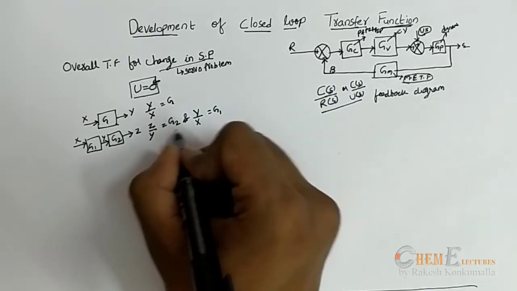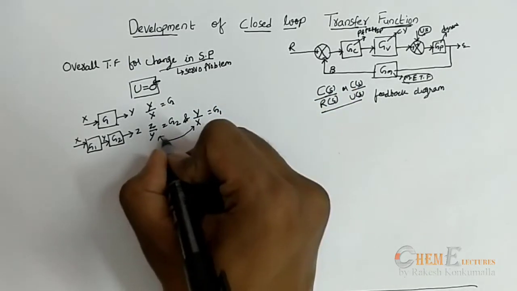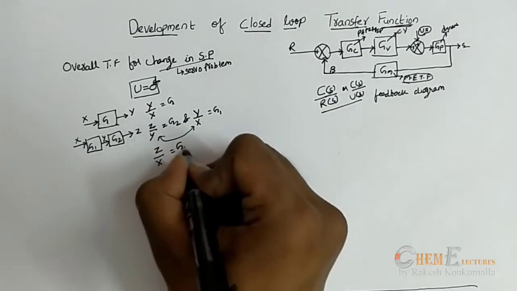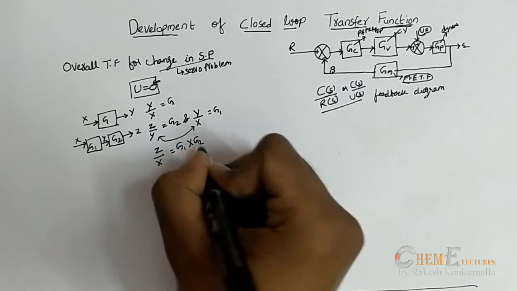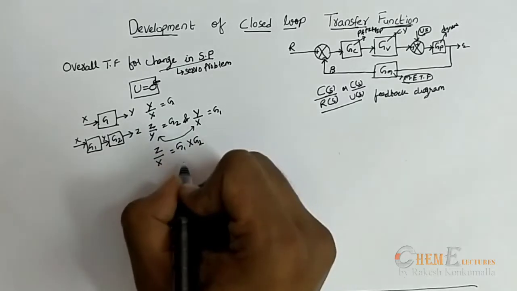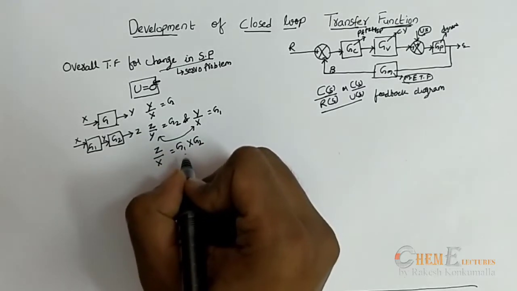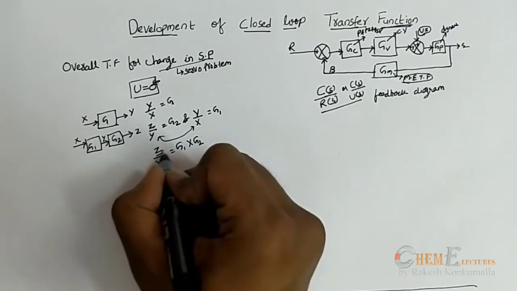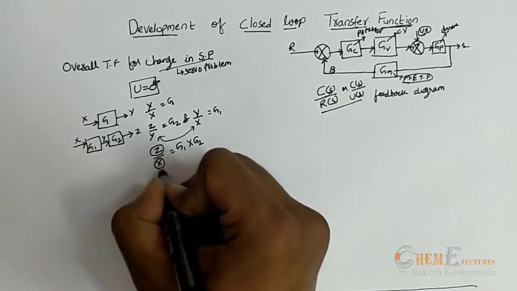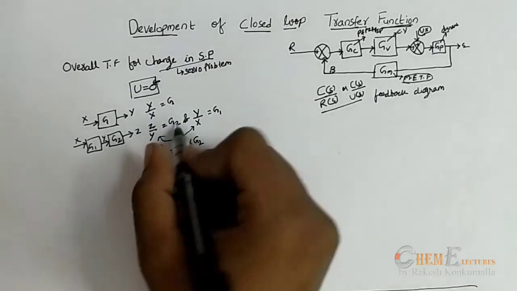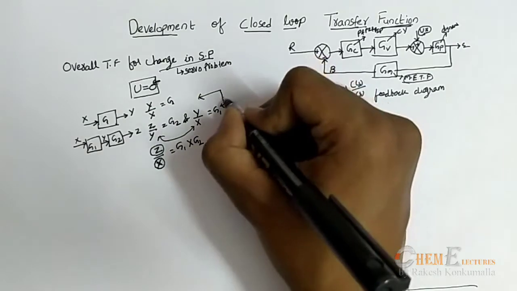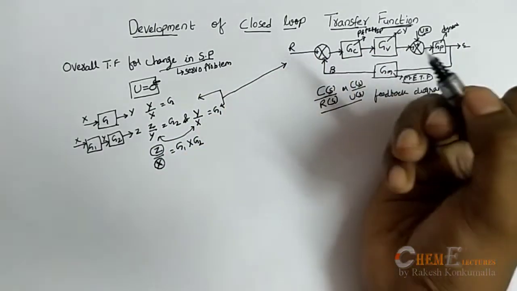So if you multiply these two terms, Z by X will be G1 into G2, which means when the transfer functions are in series, you can multiply all the transfer functions to find the final output by initial input. If you are clear on these two basic fundas, then you can easily develop this complex feedback loop.